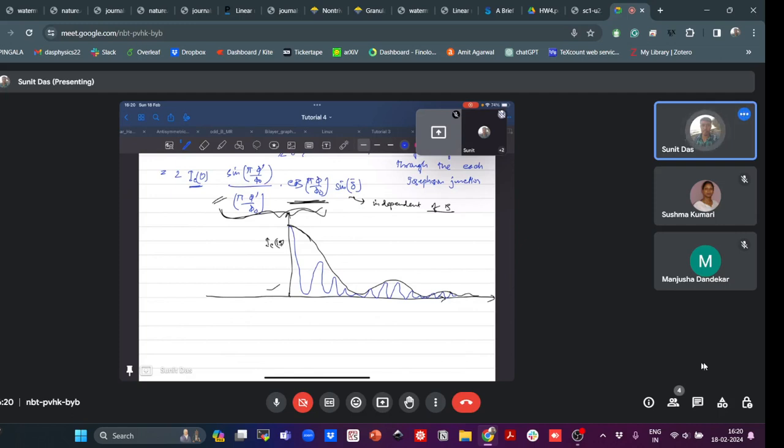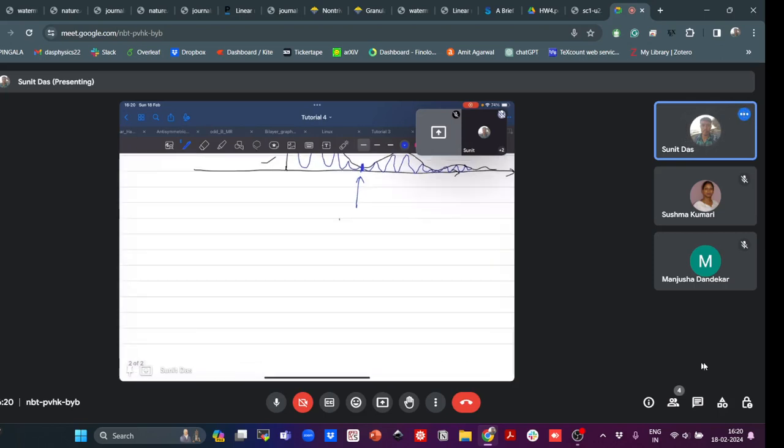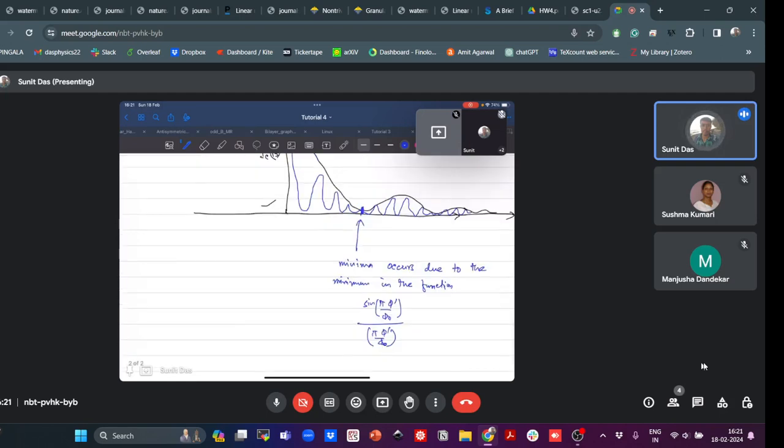So if you write it explicitly, this bigger envelope minima occurs due to the minimum in the function sine pi phi prime by phi 0 divided by pi phi prime by phi 0. And within each big envelope, there are many minima.